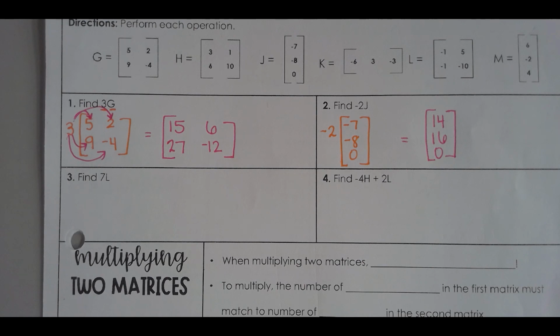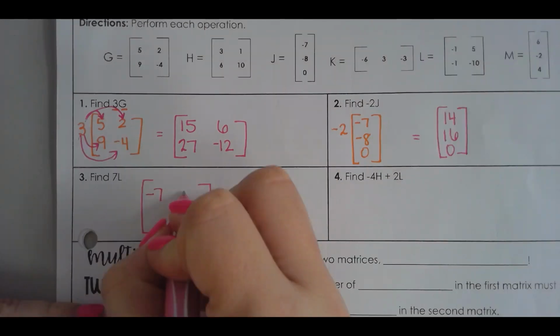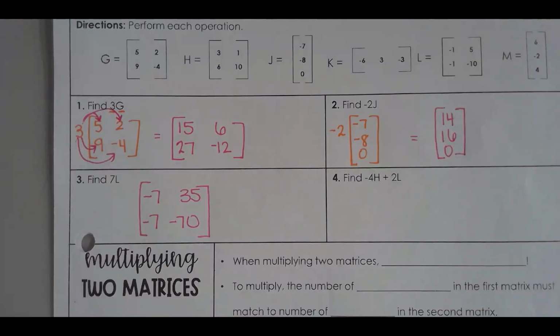The numbers on the inside. Alright. Ashley, do you have the numbers on the inside? Perfect. Should be negative 70. There you go. Good job. Negative 70.